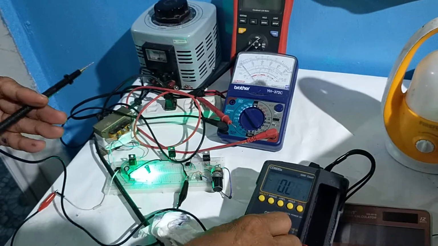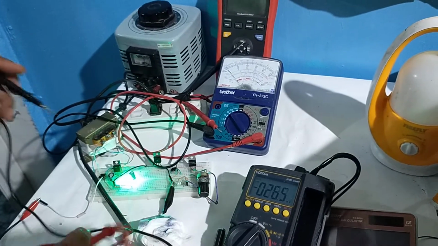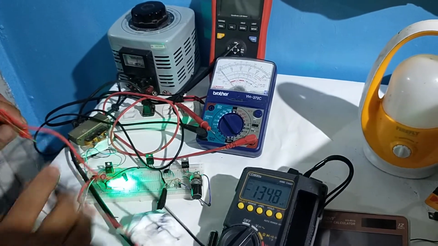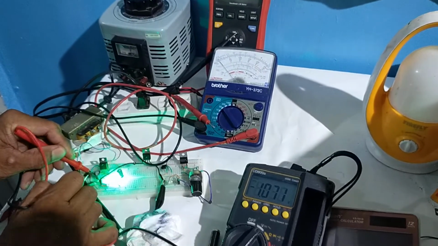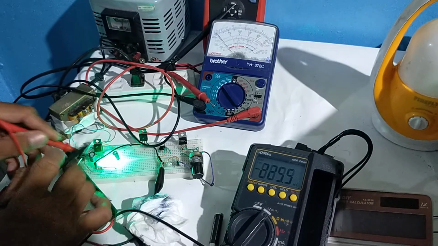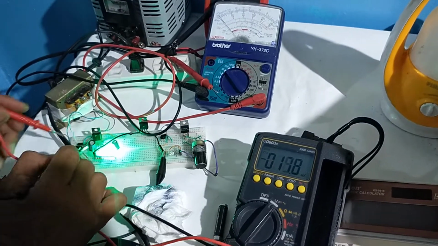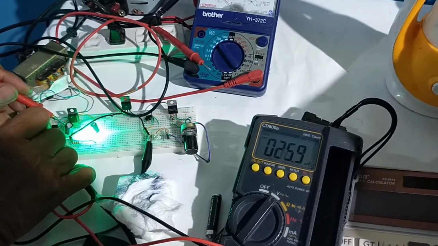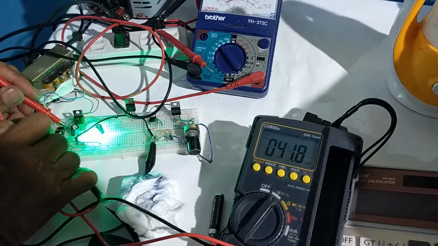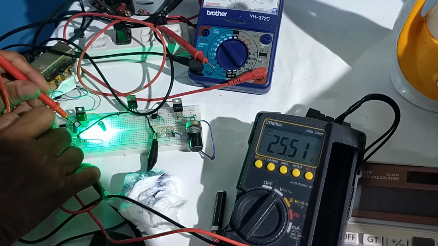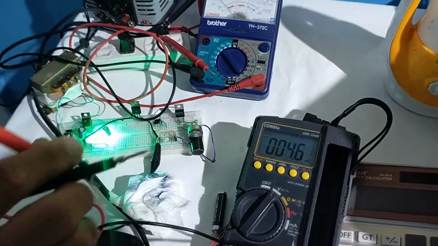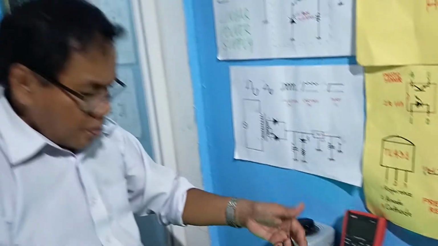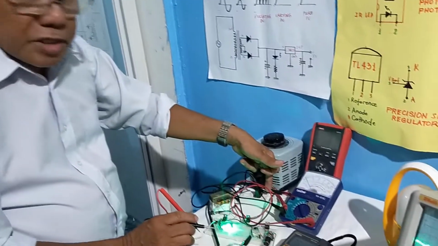The voltage across the capacitor is 17. A while ago, that was 16.2, when the voltage at the outlet was 230.